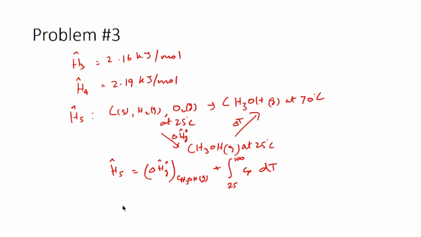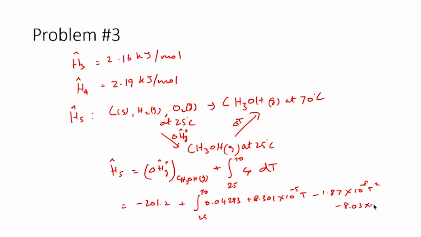So, the value here would be minus 201.2 plus integral 25 to 70. So, this is at 70, I am sorry, not 100. So, 70 would be 0.04293 plus 8.301 times 10 power minus 5 T minus 1.87 times 10 power minus 8 T squared minus 8.03 times 10 power minus 12 T cube dt.